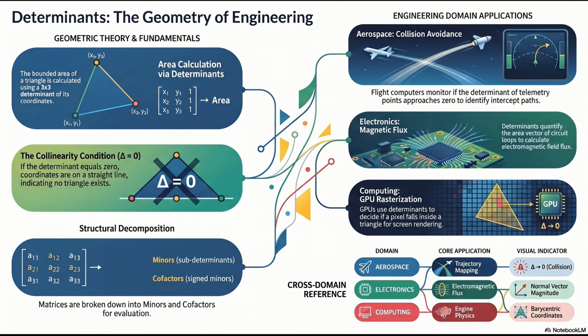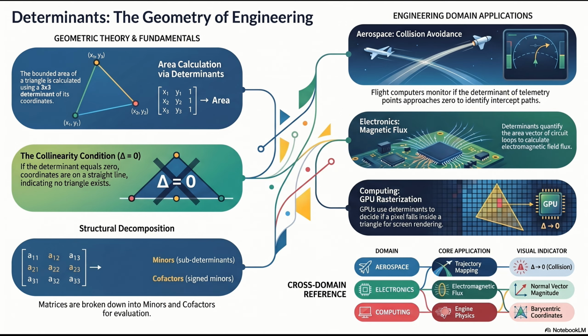Okay, and looking at how that calculation works in the source, I was trying to visualize the process of finding a minor. It can be tricky to picture. Yeah, but I think it's less like peeling an onion and more like looking at a densely packed city grid. Oh, I like that. Right, because if you want to mathematically isolate what's happening at one specific intersection, you have to temporarily block off that entire main avenue and you block off the cross street.